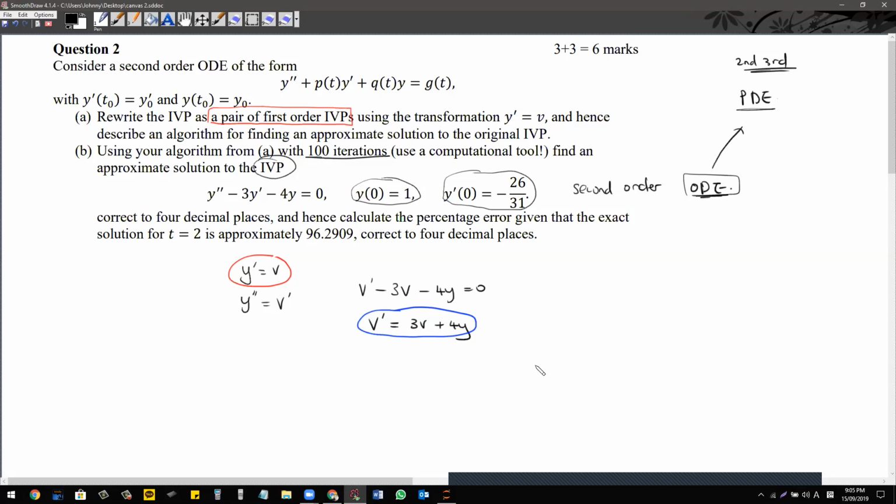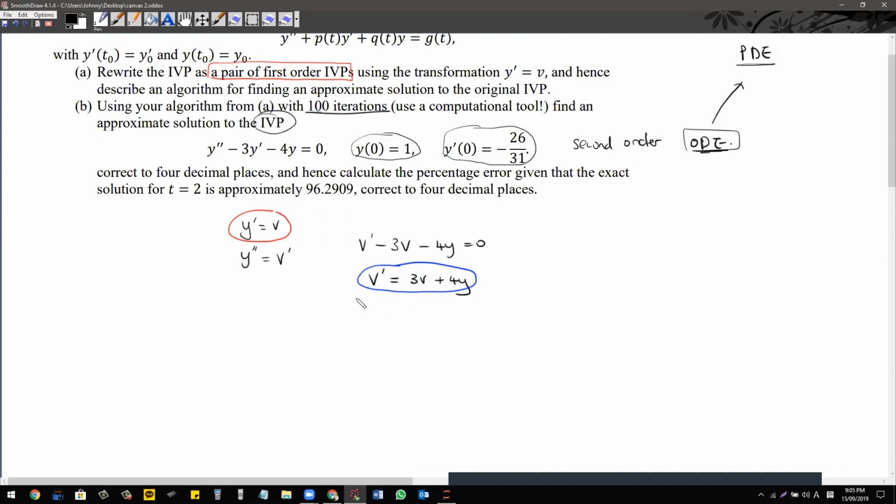So the way I did this is this way. You've got t, your second derivative, your first derivative, and your y, all right? So y double dash is the same as v dash, and y dash is the same as v.